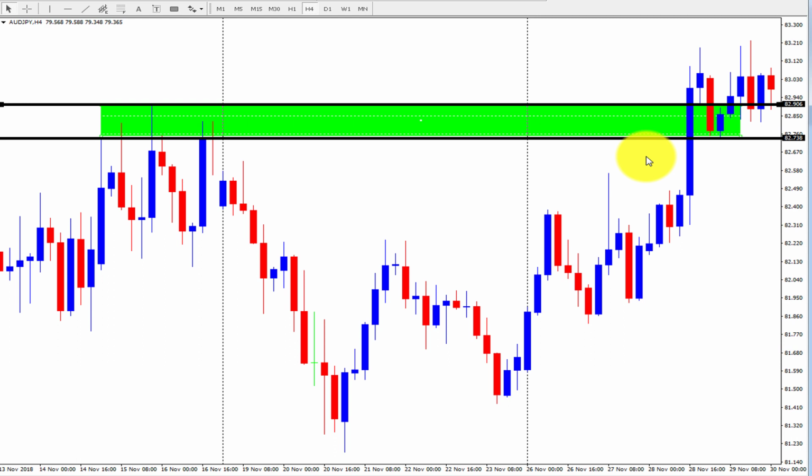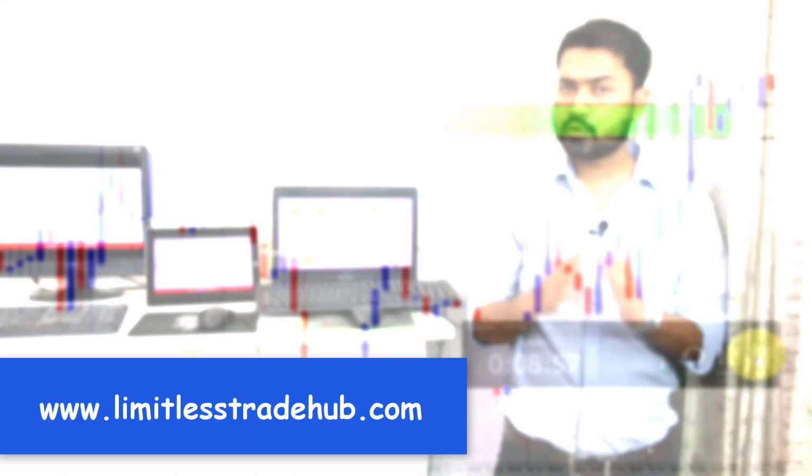We will be very careful about selling, and rather we will wait. The same thing applies when we find such a strong bearish candle in our support zone. We are not going to buy, rather we will be very careful selecting our trades.